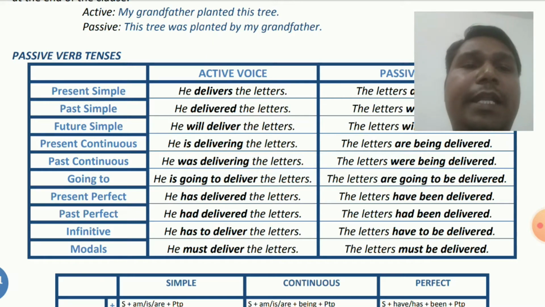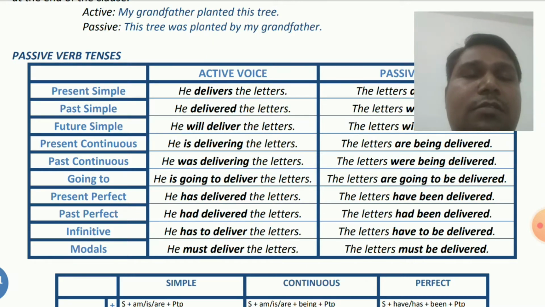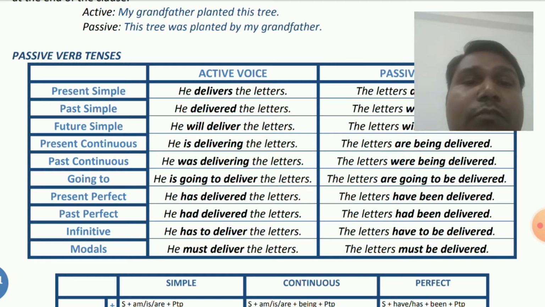He had delivered the letters. Passive is: The letters had been delivered by him. Here future perfect tense is not mentioned, but I am making a sentence of the same. The sentence is: He will have delivered the letters. The passive of the same sentence is: The letters will have been delivered by him.